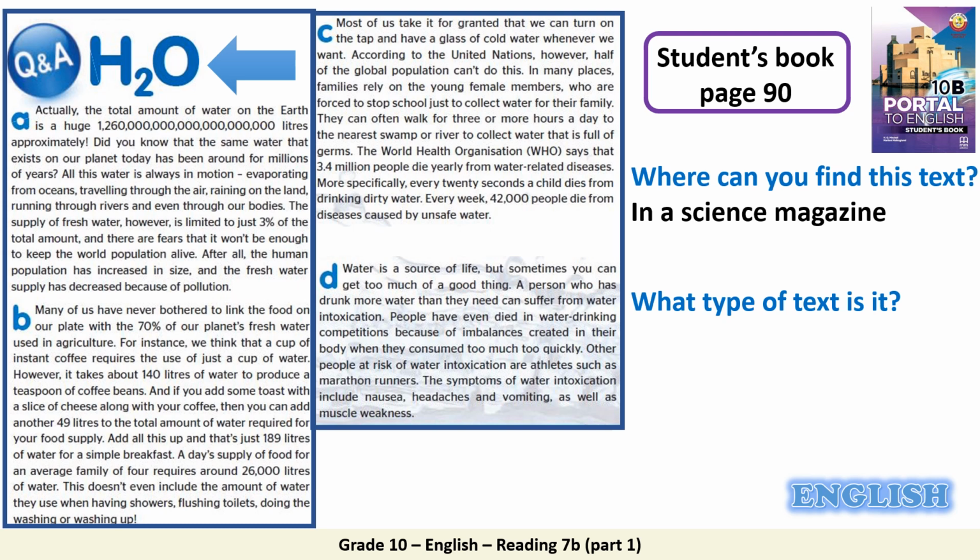Okay, so what do you think? That's an informational text. And what's an informational text? It's a text in which we have a lot of information about something, and today it's about water. And we have questions and answers here about H2O. Okay, so let's get started.